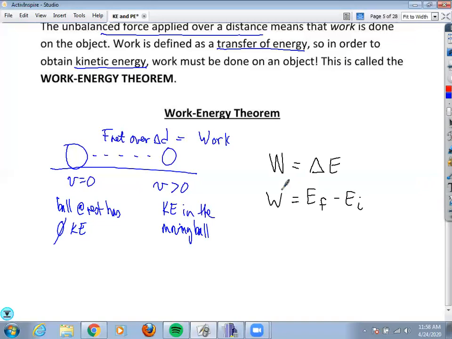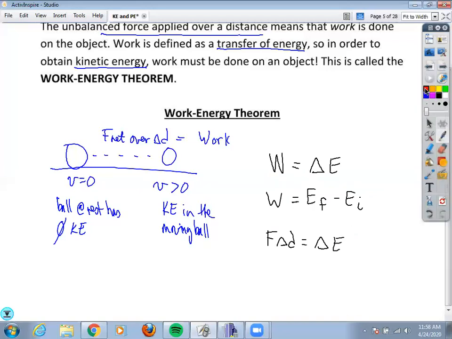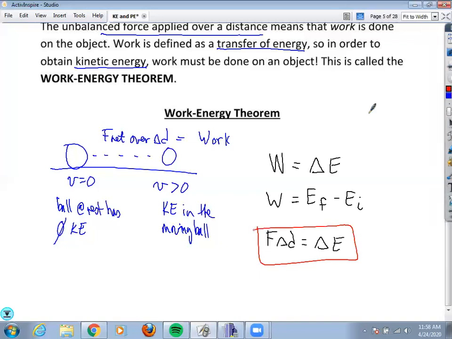So work would equal the final energy level minus the initial energy level, whatever it is, and we could expand work to be F delta d equals the change in energy. So that would be worth noting. Okay, the expanded version of the work energy theorem.